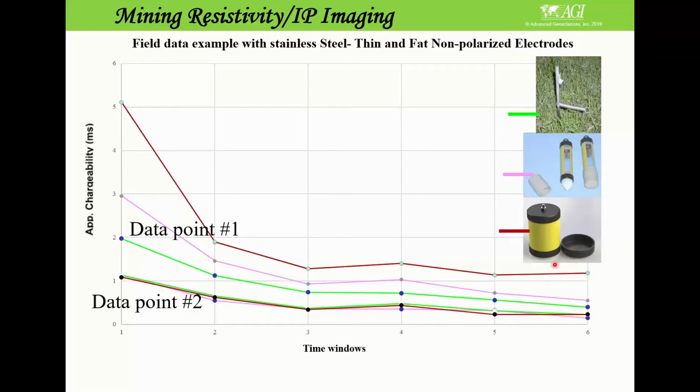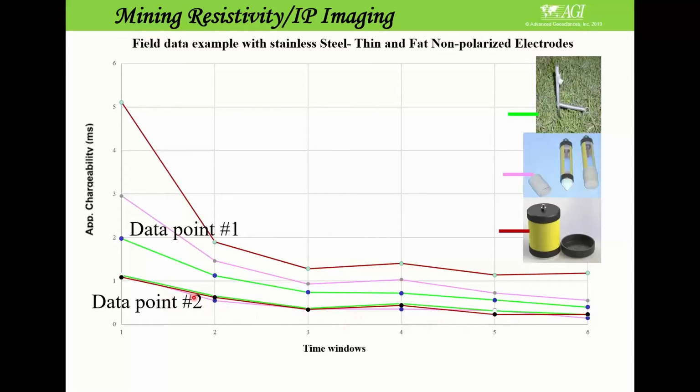But the surface area of this is not a big difference. Of course, this looks like a wider contact surface, but this cone surface is also almost identical to this circle area. So here I show you two data points.